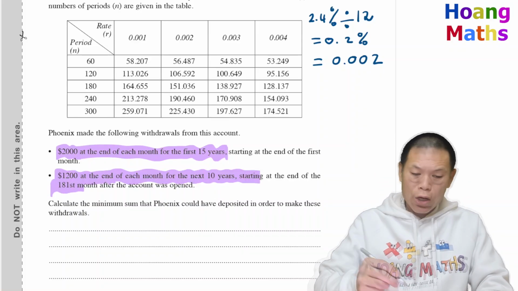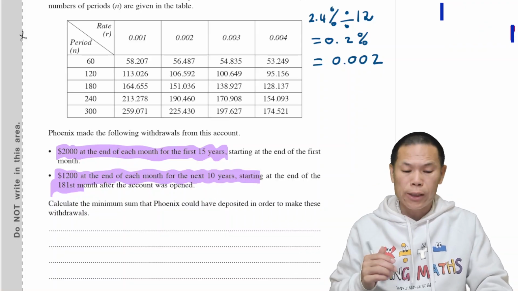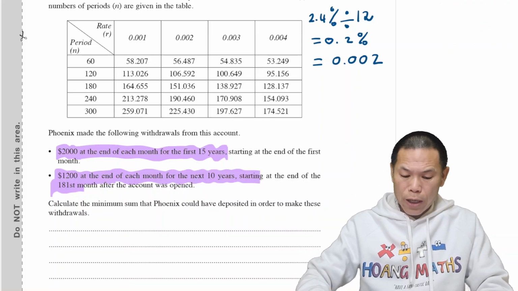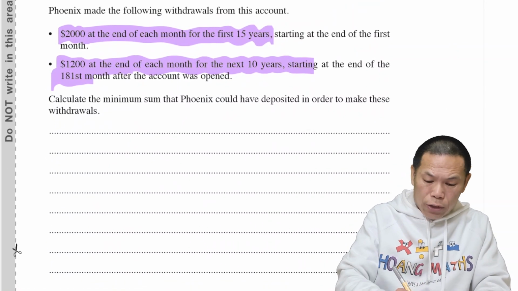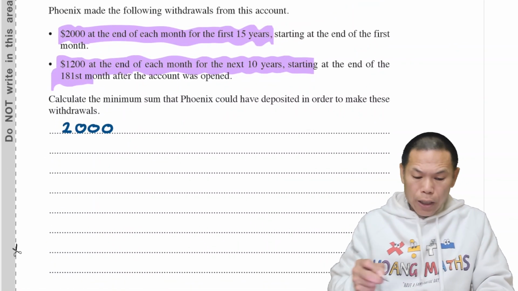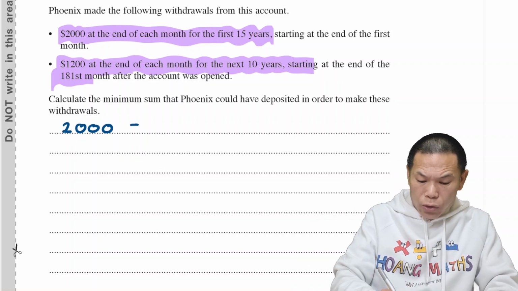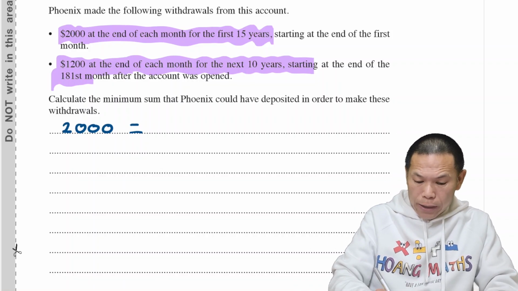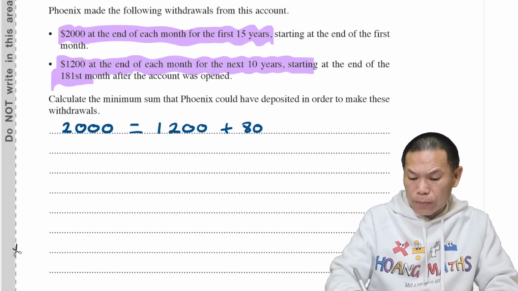The question is, we need to work out the present value for these annuities. Let me explain how it works. $2,000 is greater than $1,200 by $800.